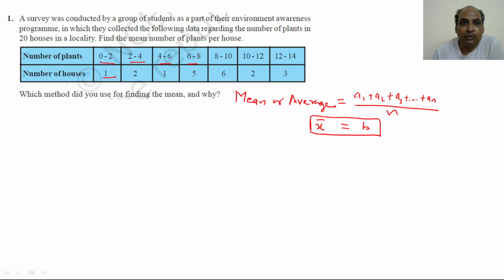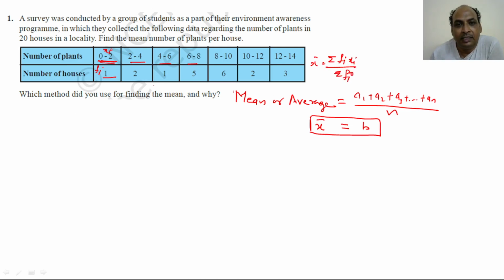Suppose we take the average, the midpoint of each class, it will give us xi, and if we denote the frequency as fi, then the mean will be equal to sigma fi xi divided by sigma fi.